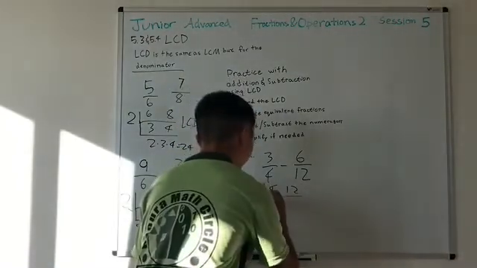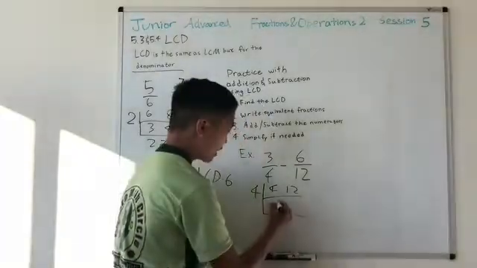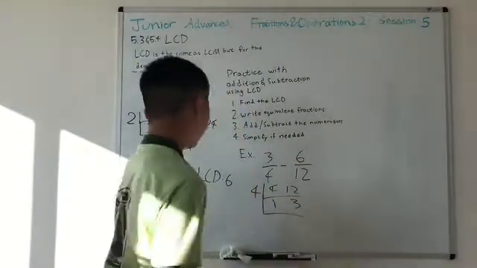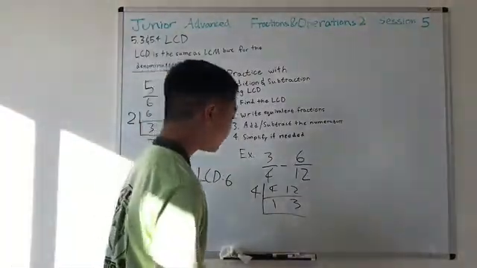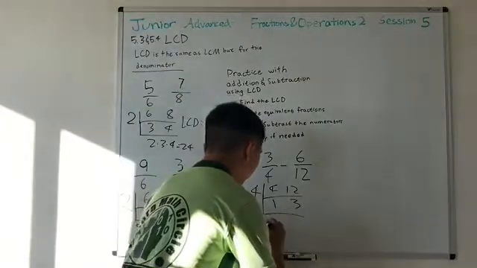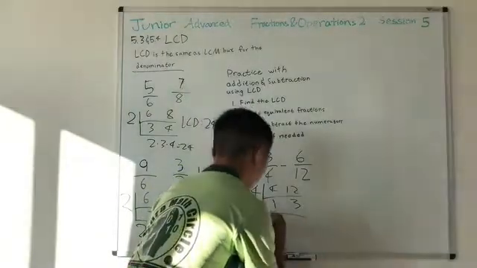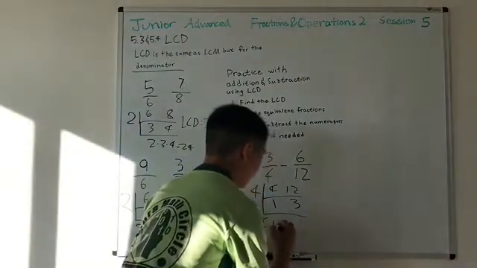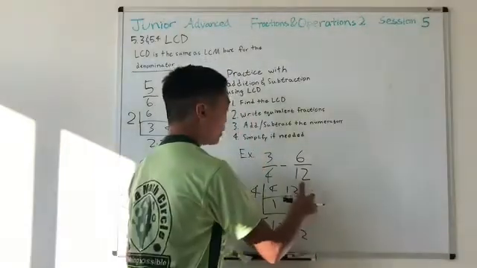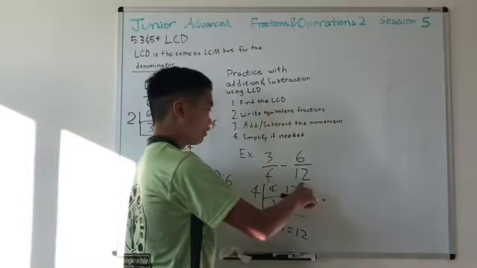So if we divide both of these numbers by 4, then we get 1 and 3. And we know these two numbers from before are relatively prime. So then we know the LCD for this equation is 4 times 1 times 3, which equals 12, which also happens to be the denominator over here.